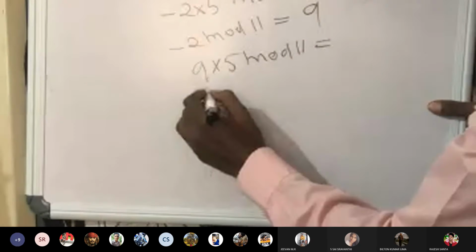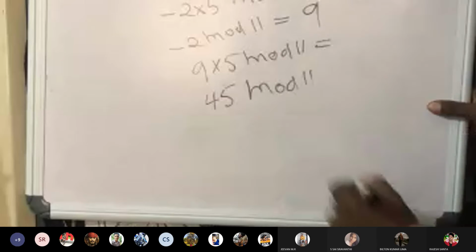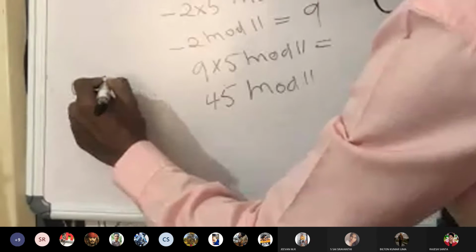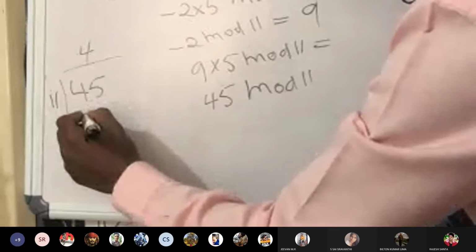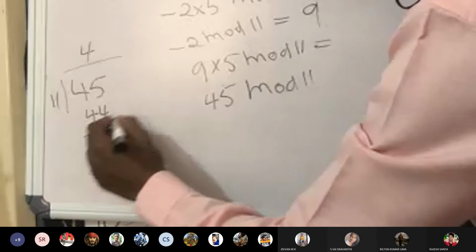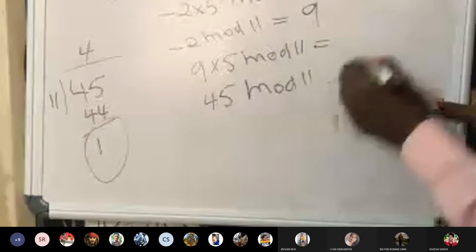Is it equal to 45, right? 45 mod 11: we divide by 11, 4 times is 44. The residue is 1. Correct.